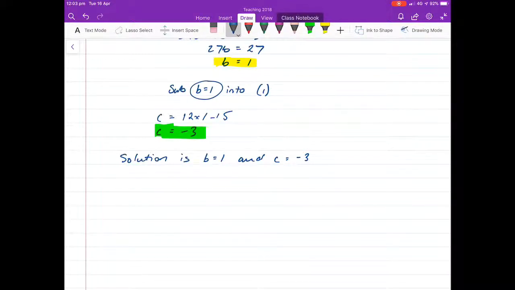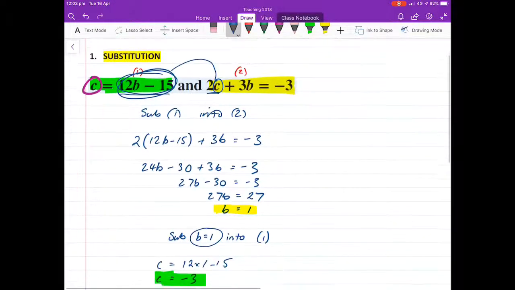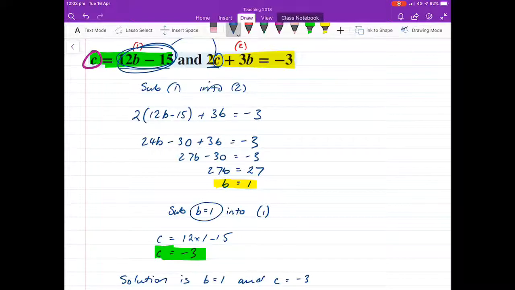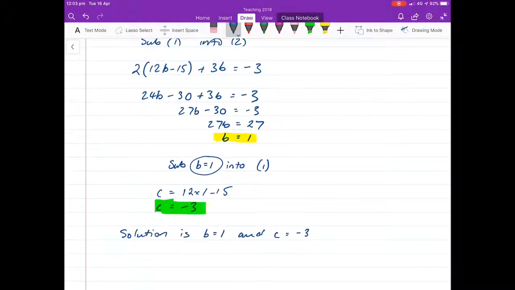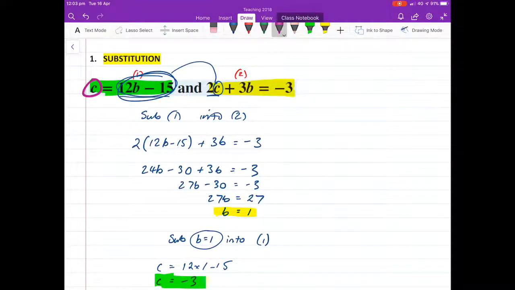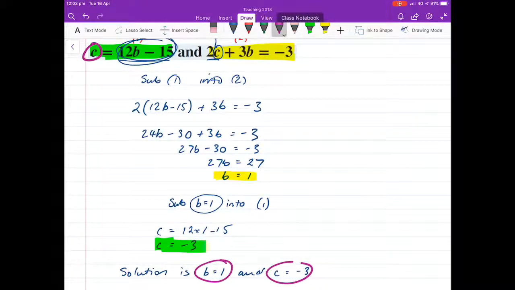Okay. Last thing we can do, just to check to see if we're right, because it always helps if we know that we are right before we actually finish our question, is that we can substitute these two values back into each of those two equations to make sure that the left-hand side equals the right-hand side. Okay, so we'll go and do that. I'll do it on the right-hand side here in green.